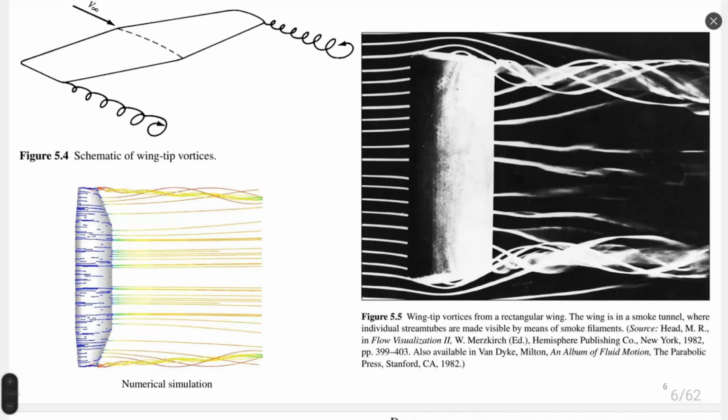So for different wing shapes, vortex strengths are different. Also, there are some winglets or structures on the tip of the wing which reduce the circulation and decrease the formation of the wing tip vortex.